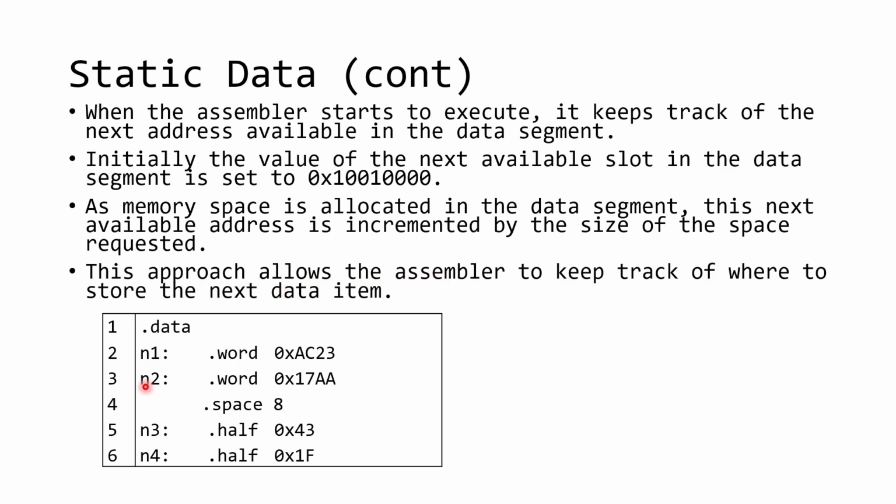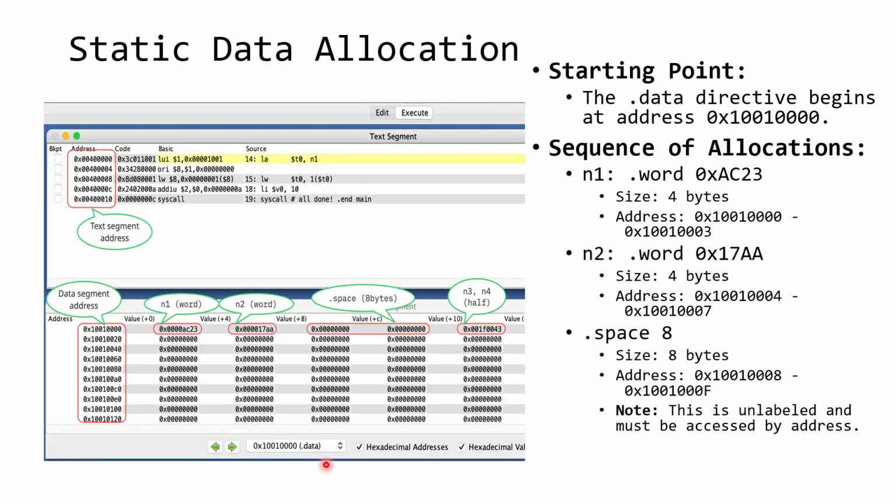For example, we have this data assembler section that has been declared with N1, N2, and then an unlabeled .space directive. Then N3 is a half word, and N4 is also a half word. Now let's see what the effect will be of these five data declarations.